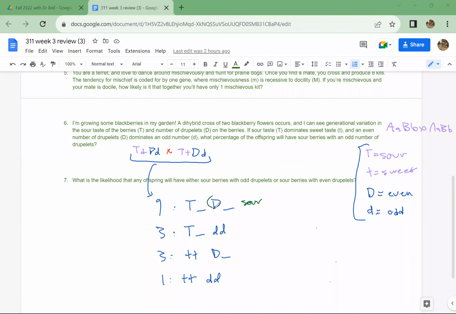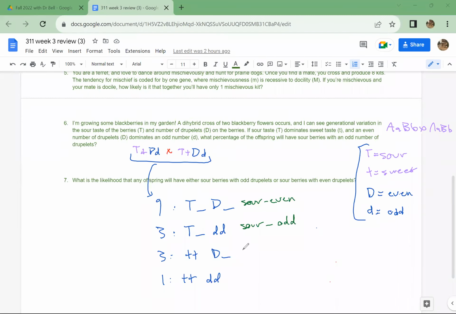And having a dominant allele at the druplet locus gives you an even number of druplets on your berry. So we can refer back. Capital T makes us sour, but we have no dominant druplet alleles, and therefore we are odd numbered in our berry druplets.